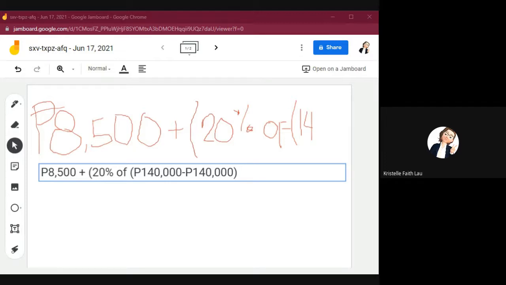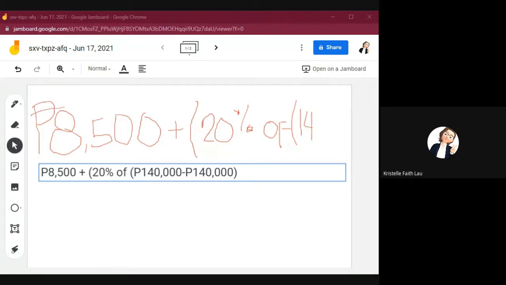So it means the pertinent items of gross income specified under the tax code, minus the allowable deductions, including personal and additional exemptions authorized by the tax code or special laws.